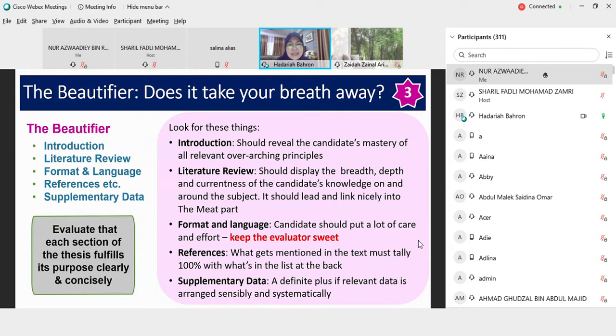There must be a system when you are putting your appendices, for example. So the beautifier must be able to do all this. So be very, very careful if you are a student when you are writing all this.